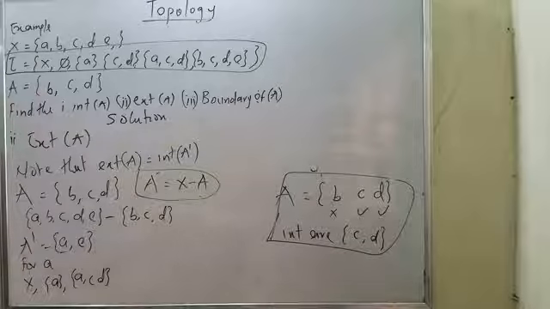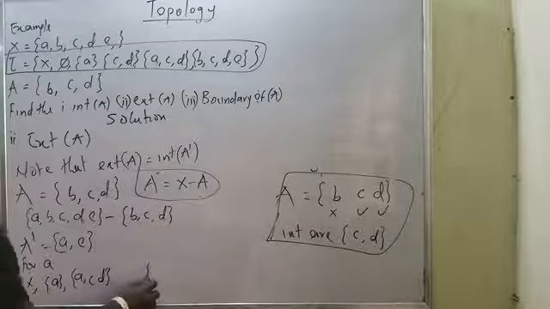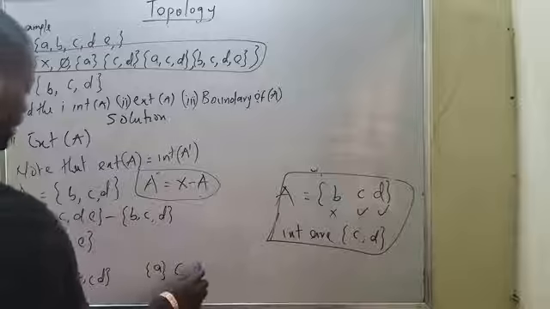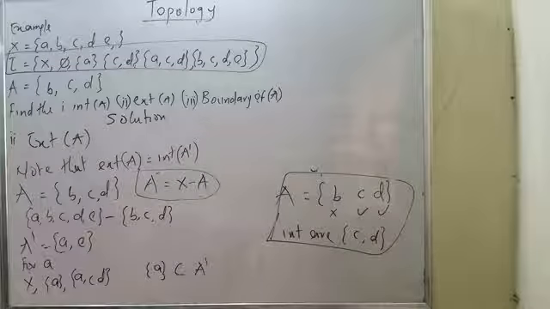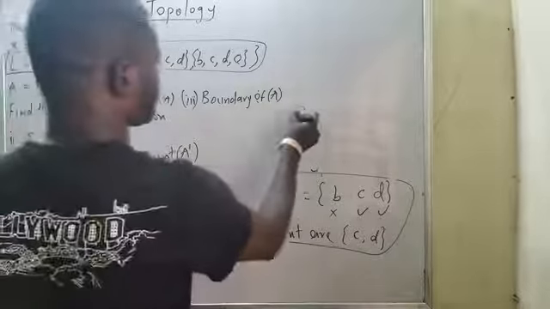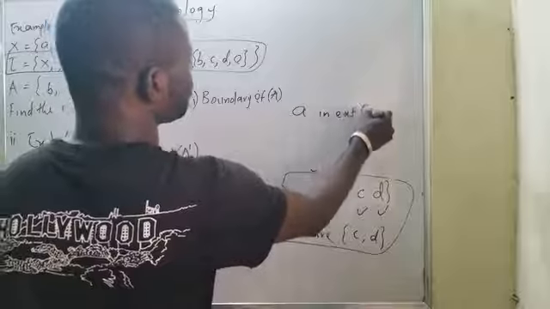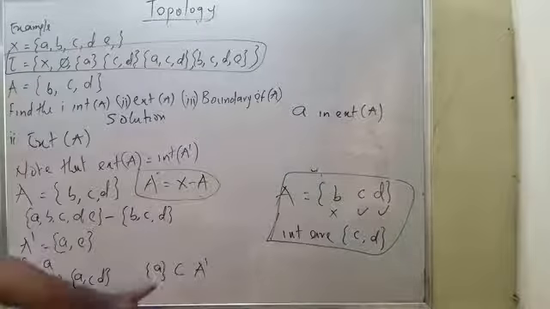Now, what I will just do now is that you can see that my set A is in A prime, very correct. Set A is in A prime, which is the list. Set A is in A prime, hence A is exterior of A. Because set A is what?